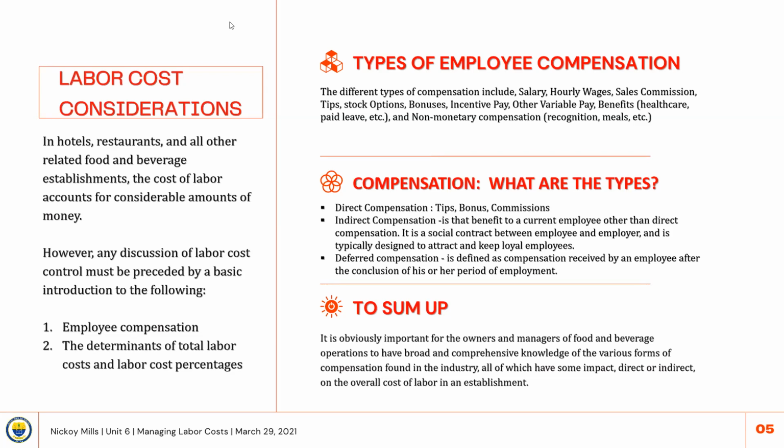So direct compensation is received by an employee directly related to that person's job. It is a base pay plus overtime or incentive pay that an employee receives and includes wages, salaries, tips, bonuses, and commission. So when you look on your pay stub, you'll probably see basic pay and then overtime.